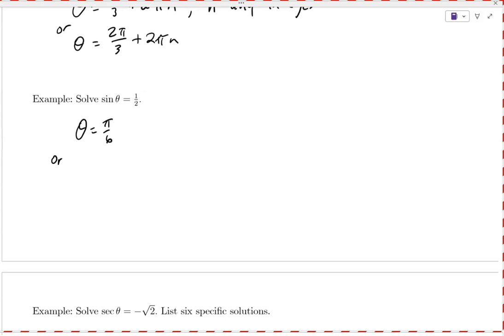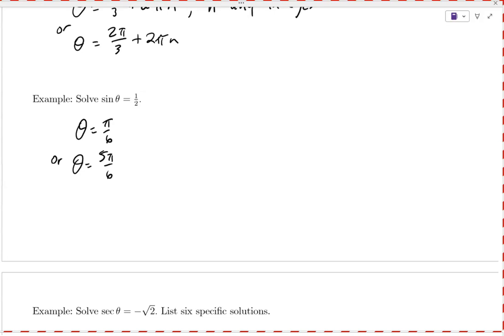The other one, in quadrant 2, what pi over 6 angle lives over in quadrant 2? 5 pi over 6. Good. So again, this is what other books and I typically refer to as the fundamental solutions. These are the solutions to the equation in the interval from 0 to 2 pi. So that's step 1, find those.